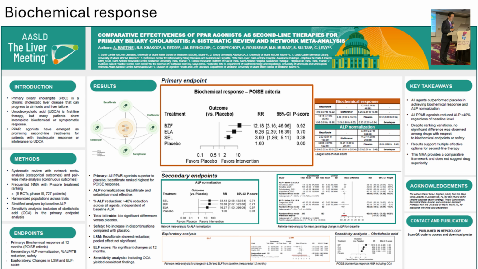The take-away message is all three different PPAR agonists will be effective. That's number one. If you look at the secondary endpoint, alkaline phosphatase normalization on the bottom graph here, it's also very similar in their effectiveness. So among the three PPAR agonists, again, only two available here in the US, elafibranor and seladelpar, they seem to be very similar in their biochemical remission rate.